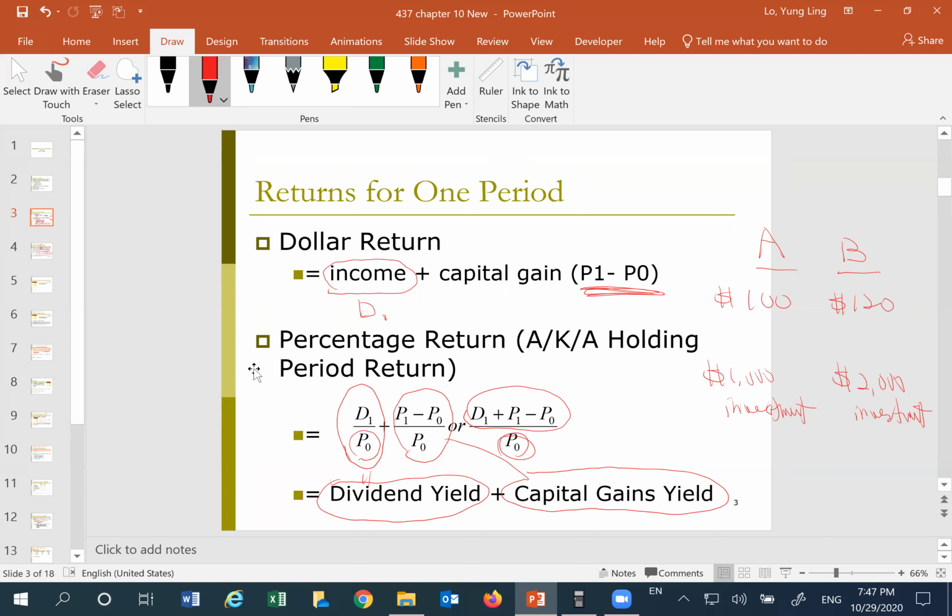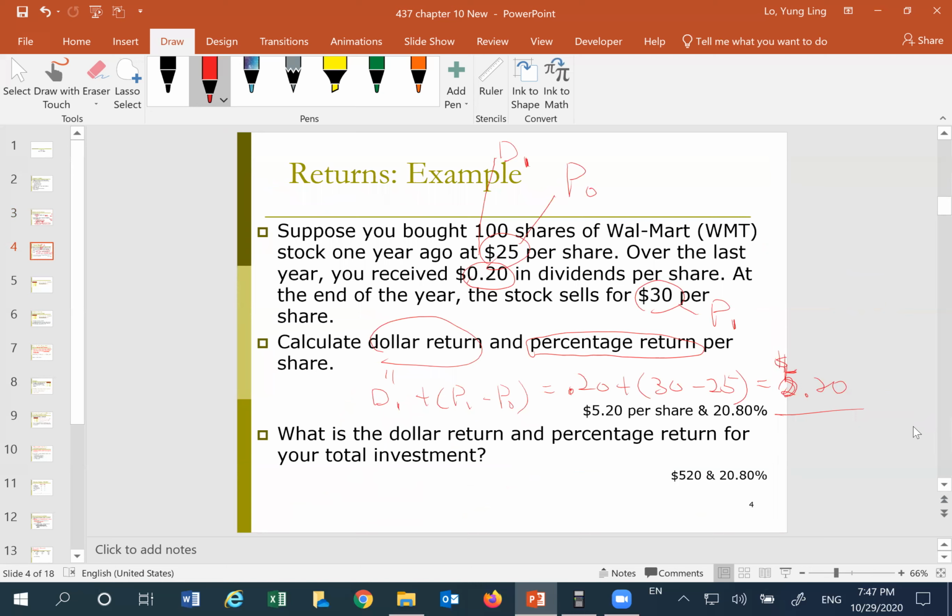That will allow us to convert dollar return into the holding period return. This is our dollar return, divided by P0 of $25 per share. That will give us a holding period return of 20.8%.